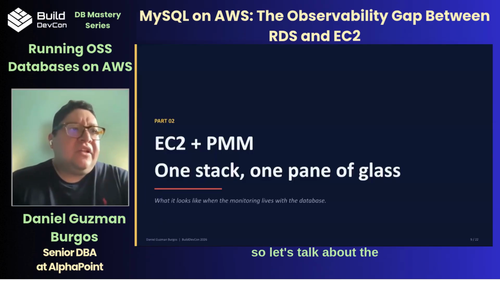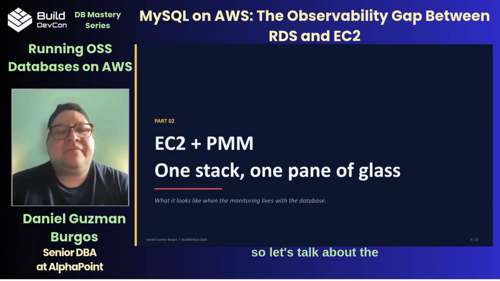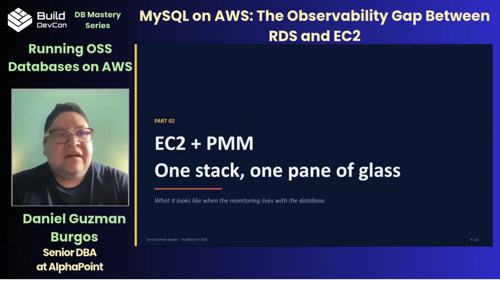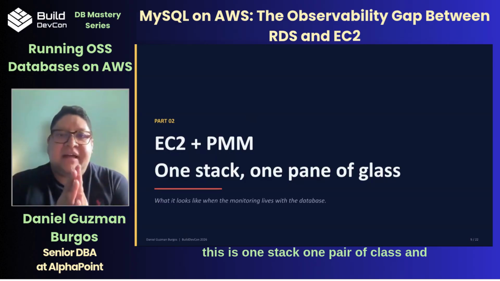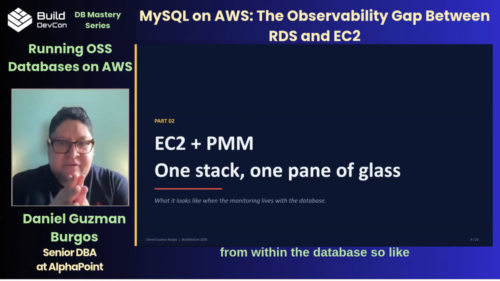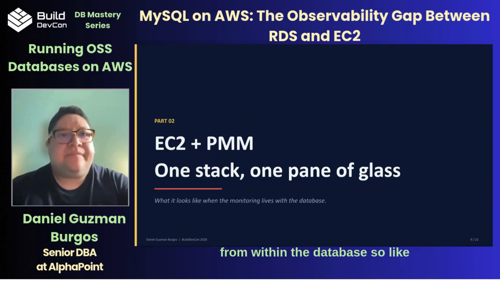Good. So let's talk about the first case when you have EC2 instances with PMM. This is one stack, one pane of glass, and how it looks when you're monitoring everything from within the database.